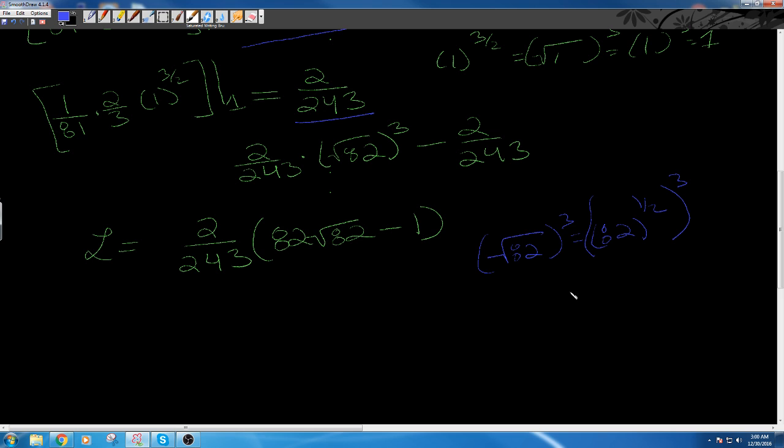And remember, when you raise an exponent to a power, you multiply the exponents. So 1/2 times 3 is just 3/2. So then you have 82 to the 3/2.